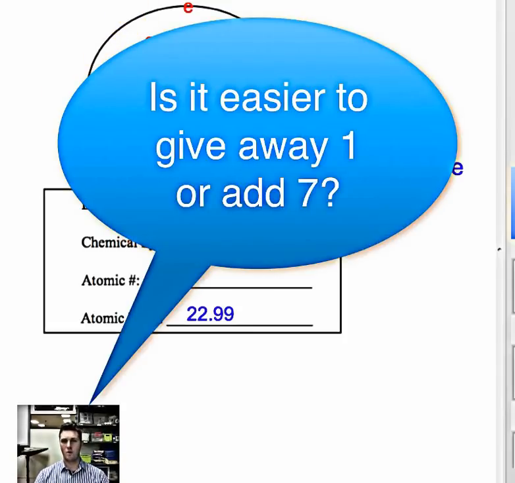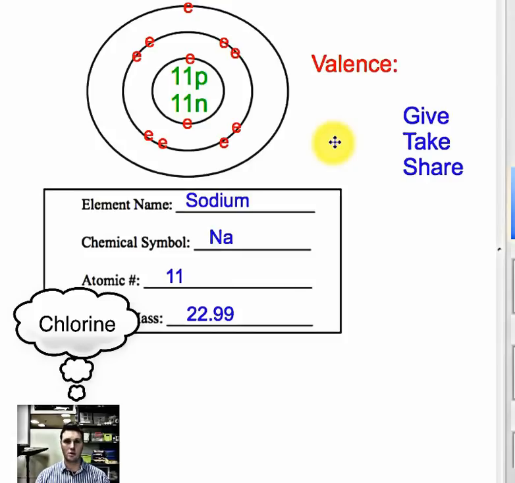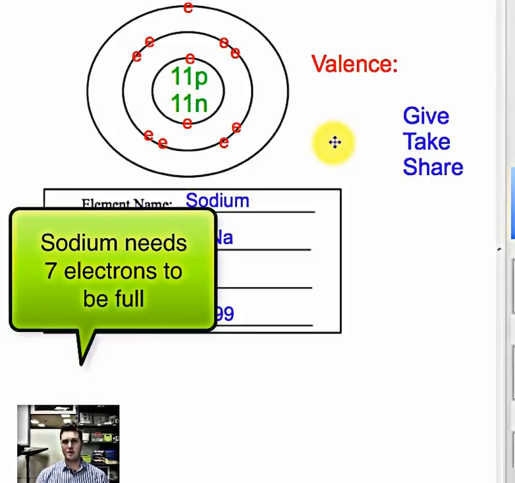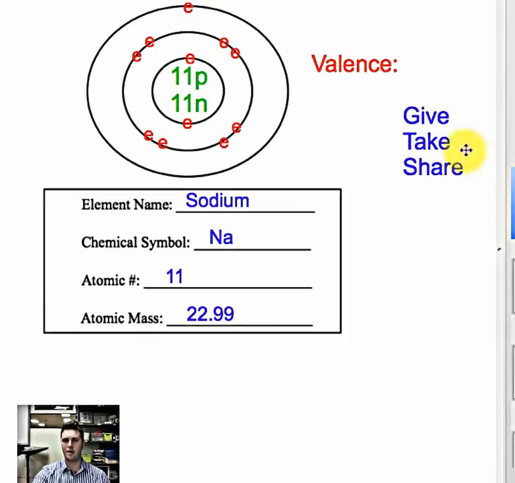Give away 1 or add 7? Probably give away 1. Or maybe it'll find something that has 7 valence, such as chlorine. Chlorine has 7 valence. So a sodium needs 7, and a chlorine needs 1 because it has 7 valence. So maybe they'll share.